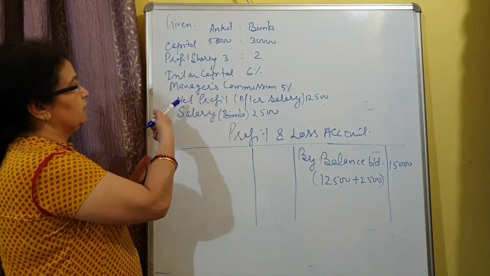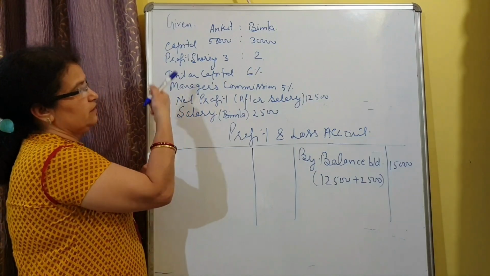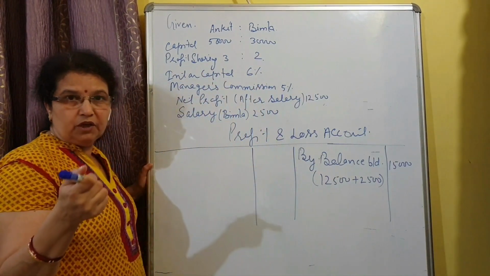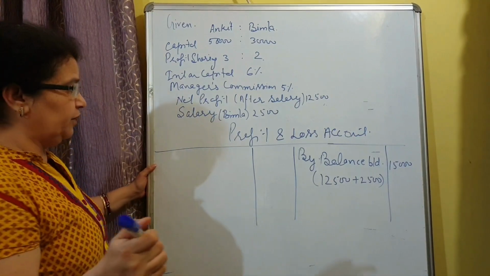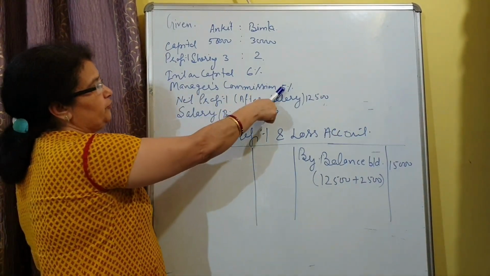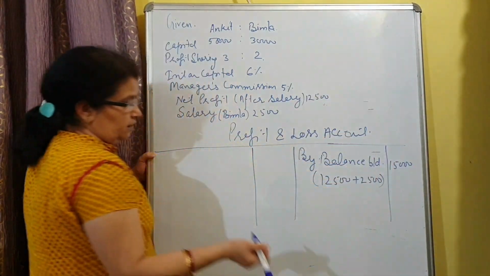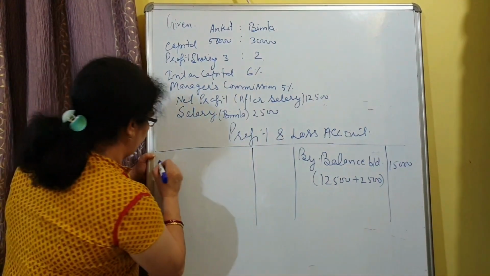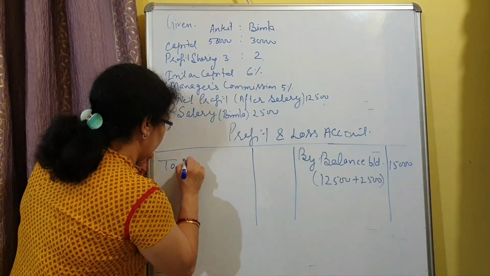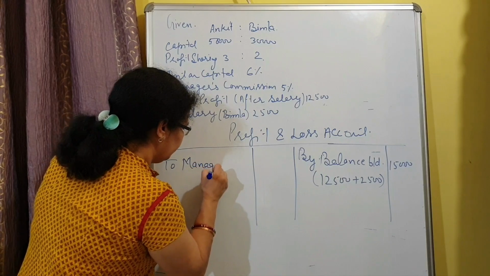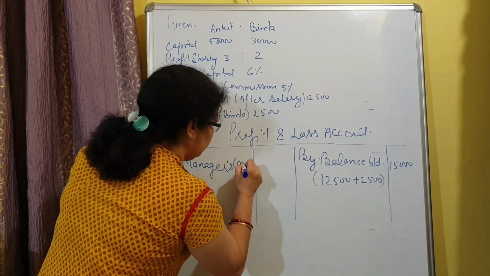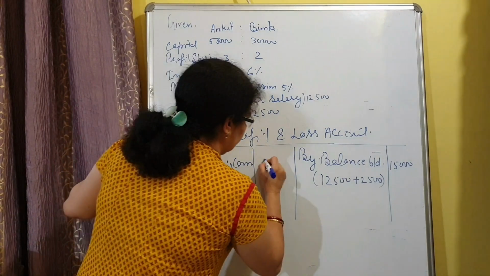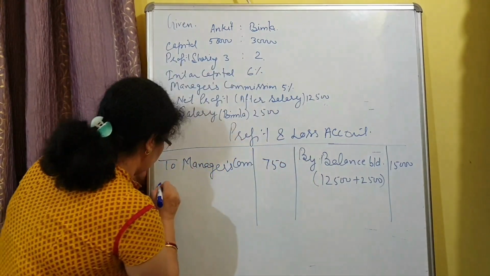As per the question, the manager is entitled to 5% commission of net profit. We have to calculate 5% of 15,000, that is 750. To manager's commission, that is 750 rupees.